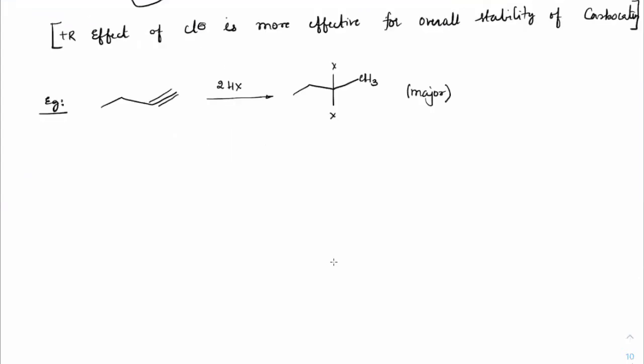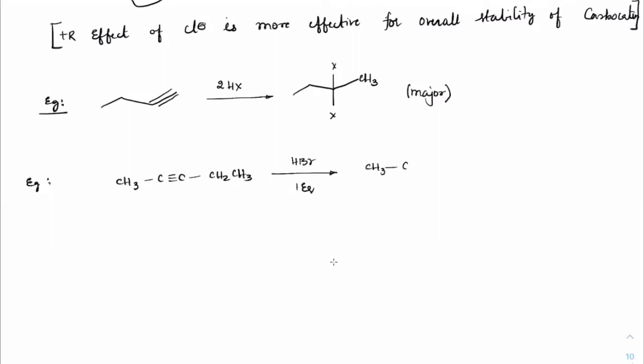Next example, suppose you have CH3, C triple bond C, CH2, CH3. On one side there is methyl, on the other side there is ethyl. First I'm adding one equivalent of HBr. See what products we can expect.